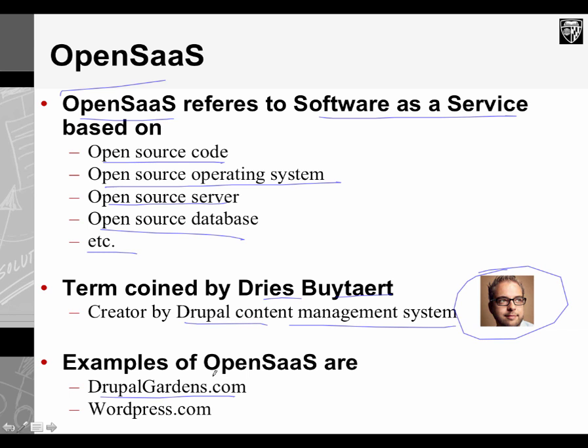So if you want to, you can always take the Linux operating system, install Drupal on it, which is open source, Linux, which is open source, MySQL, which is open source, and get the entire thing working on your own. You're not actually relying upon proprietary software. WordPress.com has also done the same thing. They offer WordPress software as a service on WordPress.com based upon Linux, based upon WordPress.org open source software.